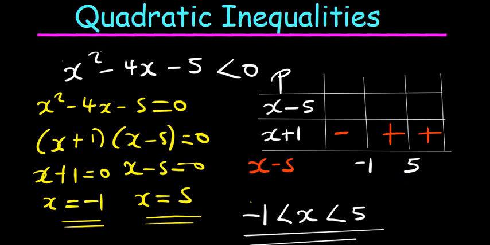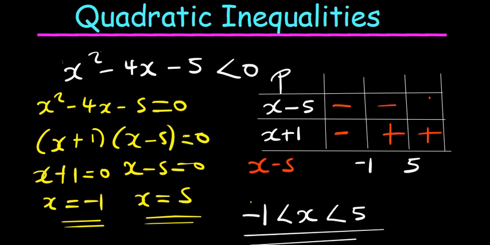Let's say I pick even just a 0. 0 minus 5, I'm going to have a negative number. So every time I pick any number that is less than 5, I'm going to be getting negatives. But if I get a number that is greater than 5, let's say 6, 6 minus 5 will give me a 1, which is positive.